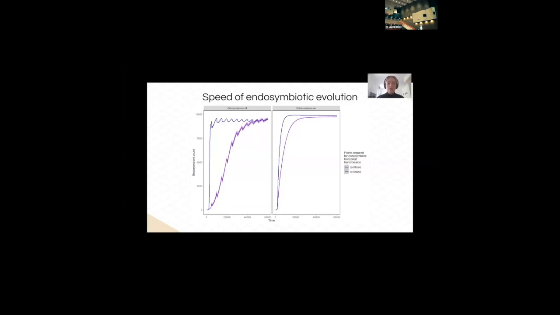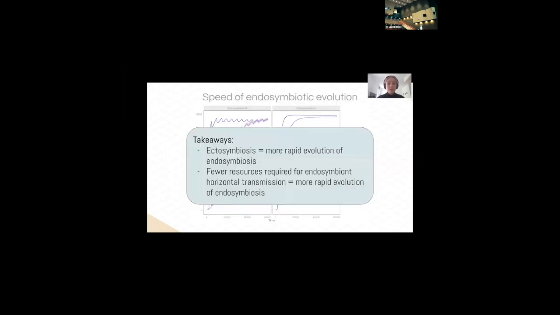When the resources required for endosymbiont horizontal transmission are higher, we can clearly see how in the left-hand plot, where ectosymbiosis is not permitted, the purple line is less steep than in the right-hand plot, where ectosymbiosis is permitted. So, we can conclude that ectosymbiosis hastens the evolution of endosymbiosis in the system, and that endosymbiosis evolves more rapidly when fewer points are required for endosymbiont horizontal transmission.